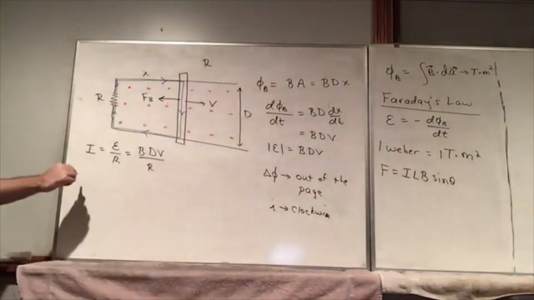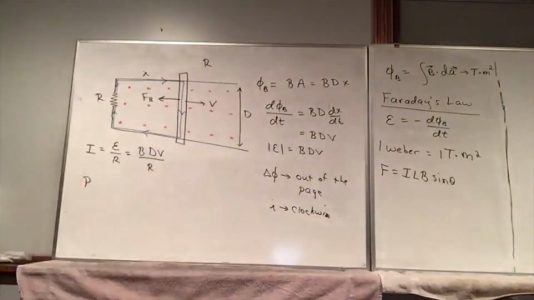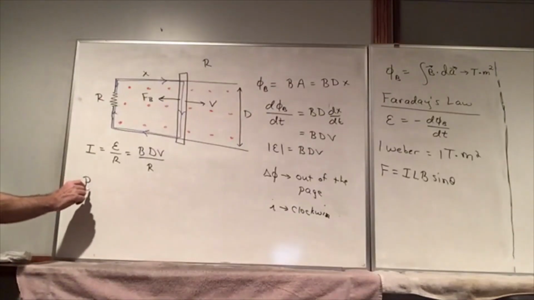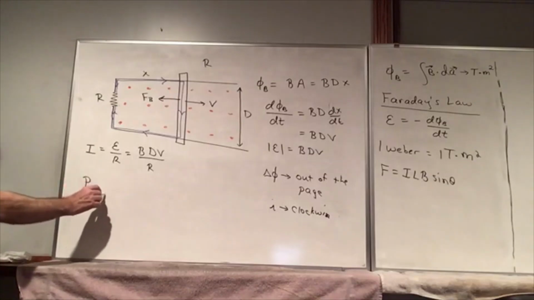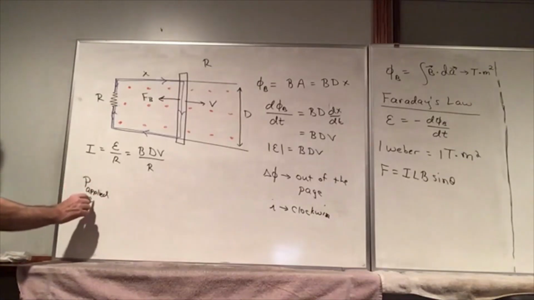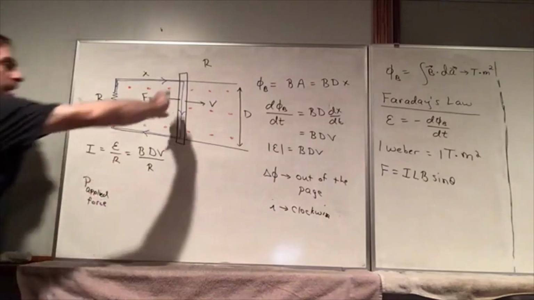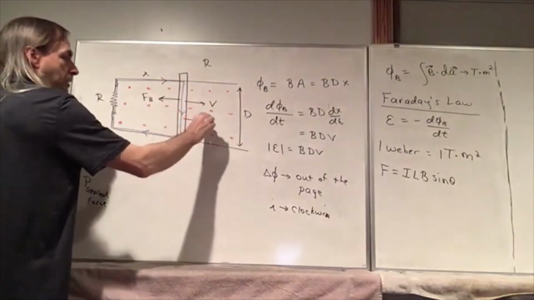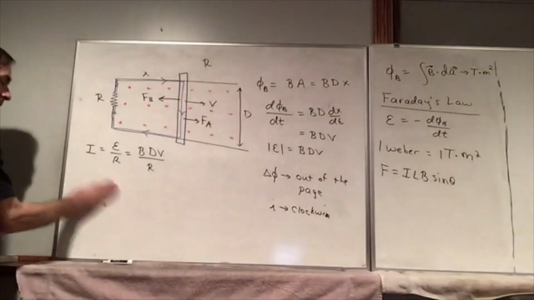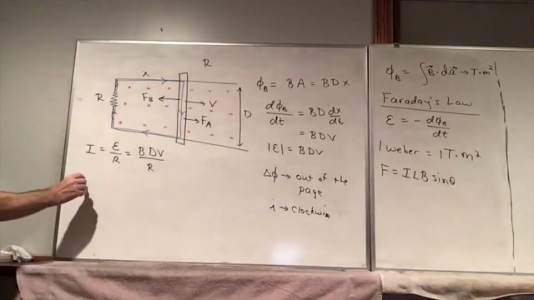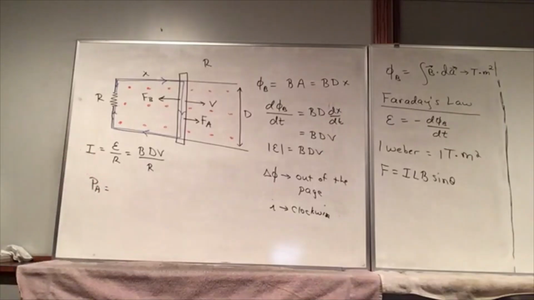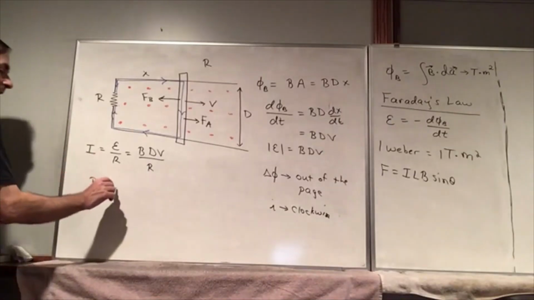And let's look at the rate that you're doing work. Here, power due to the applied force. So here, we have to have an applied force. Let's just call it Fa. That'll be a little easier. So the power due to this applied force would just be equal to force times velocity.